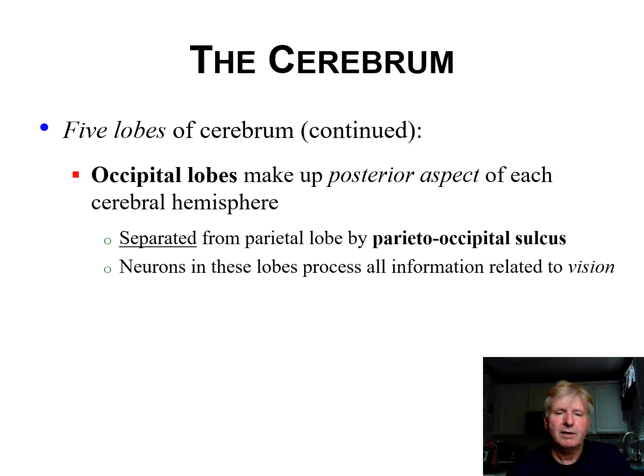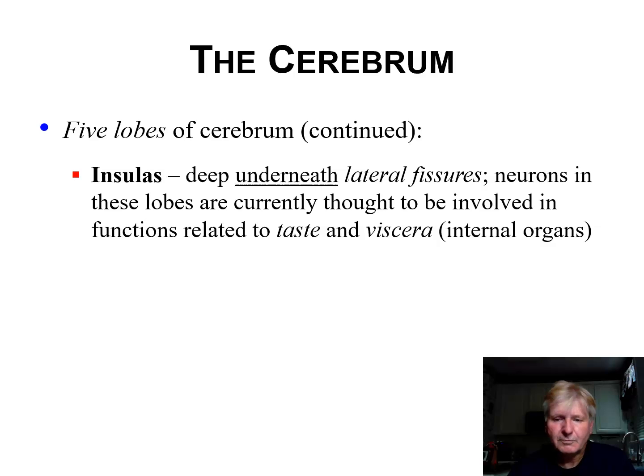Okay. The occipital lobe is on the posterior aspect of each hemisphere, and it's separated from the parietal lobe by the parieto-occipital sulcus. And these neurons in the occipital lobe will process all information related to vision. Now the fifth lobe, which you don't see from the surface, is the insula, and it's deep underneath the lateral fissure.